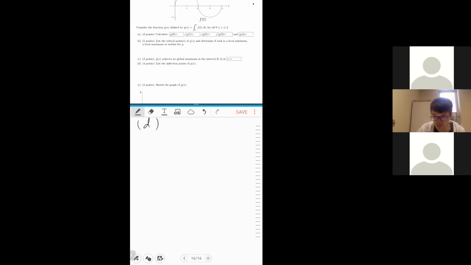Part D, inflection points. So what are the inflection points of g of x?